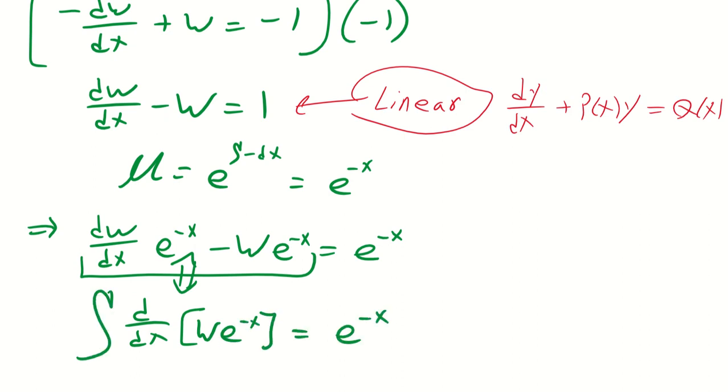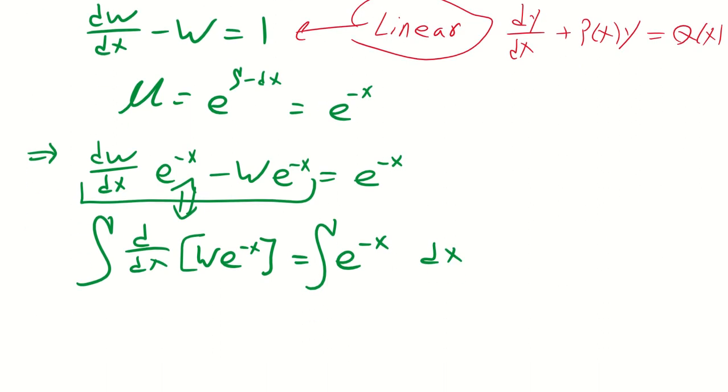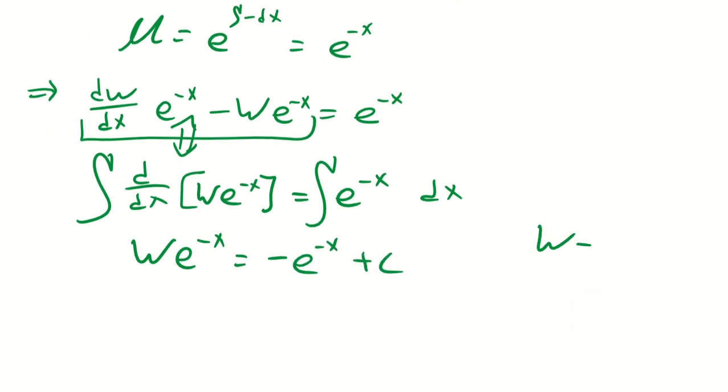We can anti-differentiate, and so we get w e to the minus x is equal to minus e to the minus x plus an arbitrary constant. We know that w is equal to 1 over u, so we'll just say 1 over u, and e to the minus x is the same thing as 1 over e to the x.